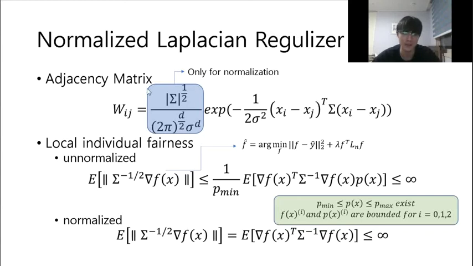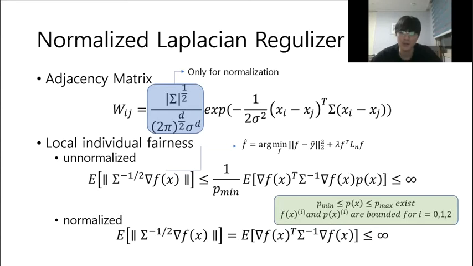Ignore this term and this term too. 2 sigma, 1 over 2 sigma square, and d is the dimension of input and sigma is the standard deviation of individuals. To prove local individual fairness, we will prove that the gradient of parametrics is not infinity.